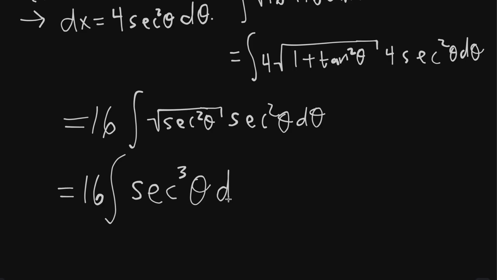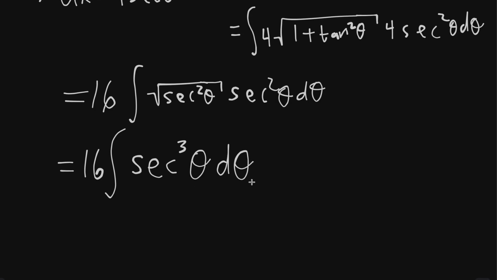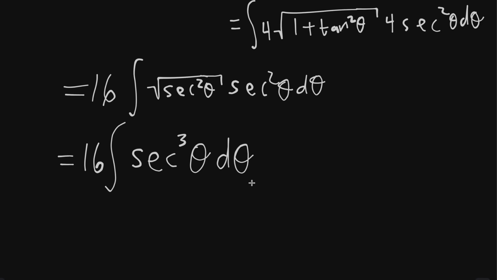Now this is an integral that comes up quite often in trig substitution, and I'm definitely not going to go through how you compute this one. It's kind of a long process, but there actually is an easy way to remember it.